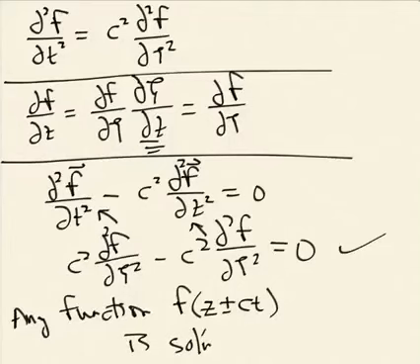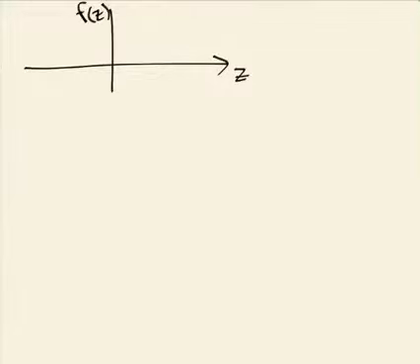And again, this is the same argument that we made in the case of waves on a string. And just to remind you what that means is basically a fixed pattern in space. So if I were to plot z here, and here's my function f of z, I have a fixed pattern in space like this.